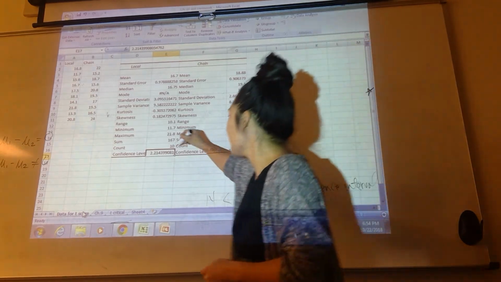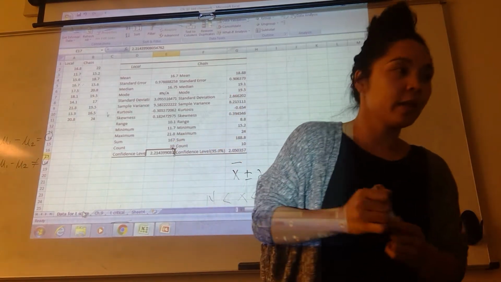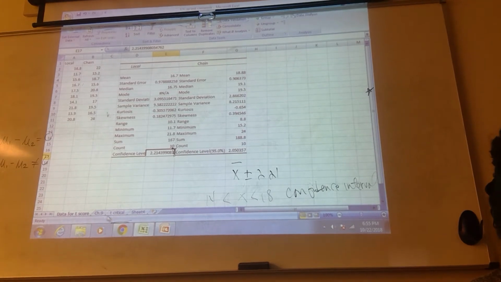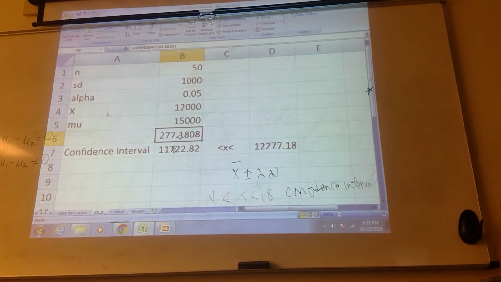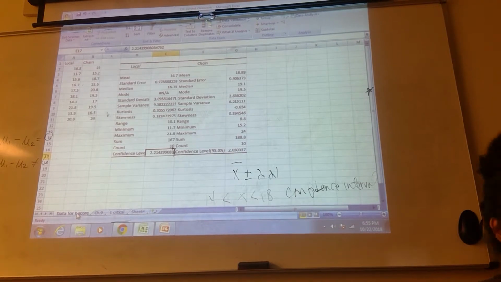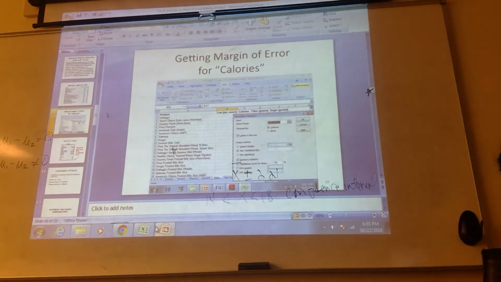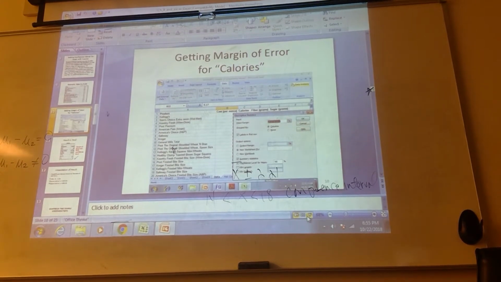Okay? This guy right here is the same thing that we found here. Why does Excel not allow us to already select this? What do you mean, the confidence interval? Oh, it will, but it's not there yet. It'll give it to us. Yeah.